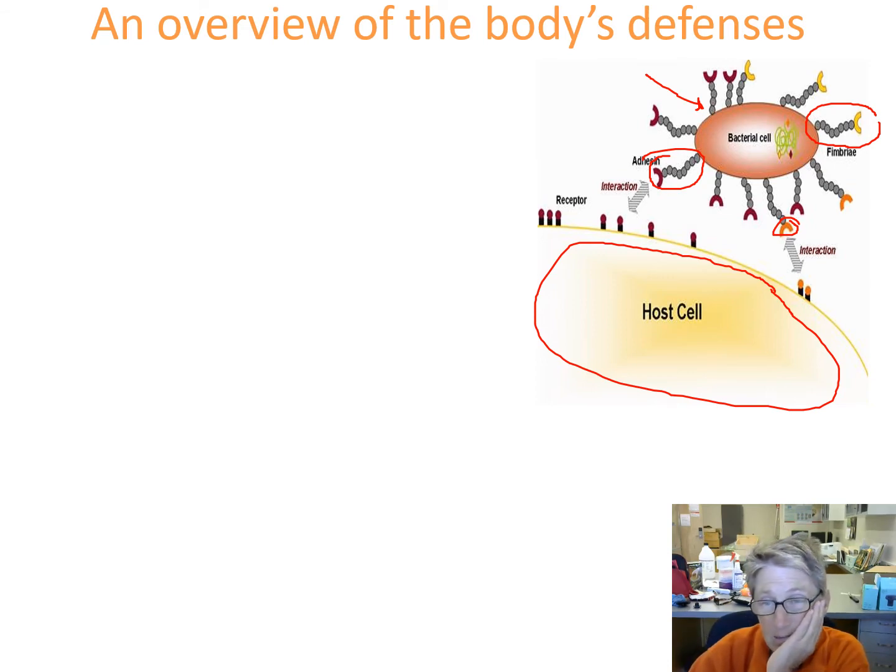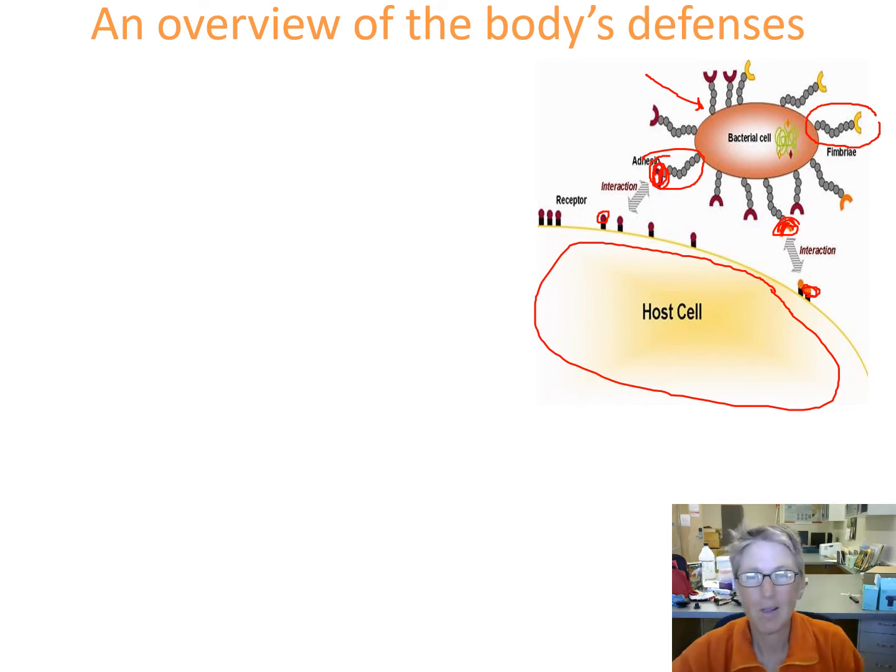host cell. So for example, I think this orange molecule on the bacteria will stick to this orange receptor on your host cell. And then this, I think that's red adhesion or sticky molecule on the bacterial cell will stick to the red receptor on your host cell. And that's how bacterial cells, well, they don't stick to things that are red and orange.